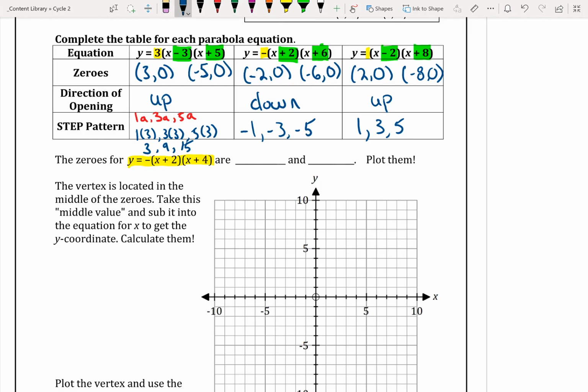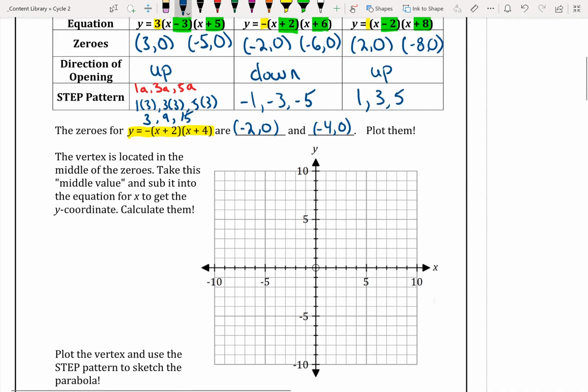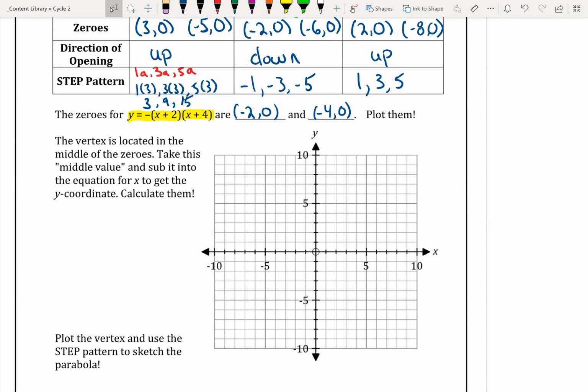So again, our two zeros are going to be negative 2, 0, and negative 4, 0. Again, just taking the opposite of the two numbers that we see, and we want to plot them. So negative 2 and negative 4. So those are my two x-intercepts, or my zeros.